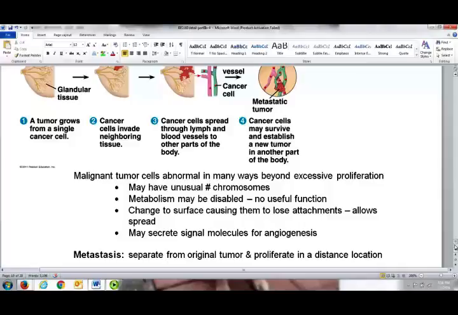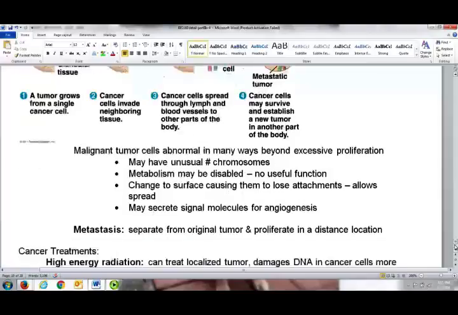They can actually signal molecules for angiogenesis. So when they take off and find a new home, they will actually send out signals for the body to build them a blood supply and deliver nutrients to them. So with metastasis, you have a separate tumor from the original tumor, and it's proliferating in a distant location.